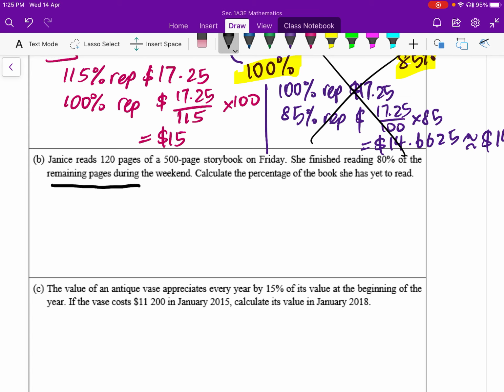To break it down into steps, remaining pages will be 500 minus 120 to give us 380. There are 380 pages left after Friday. And now, during the weekend, she finished reading 80% of this.